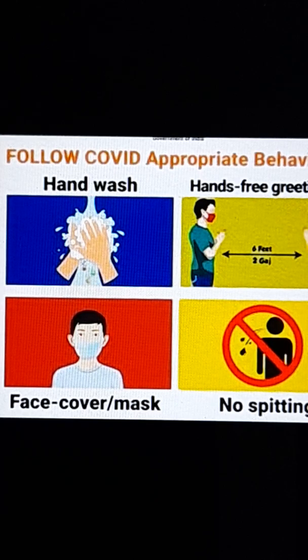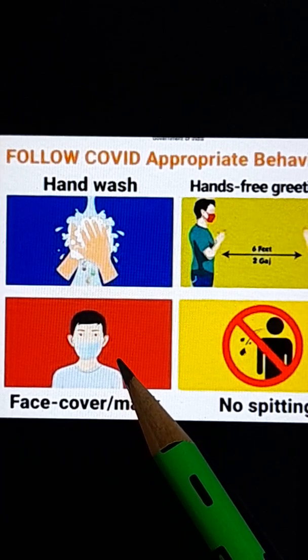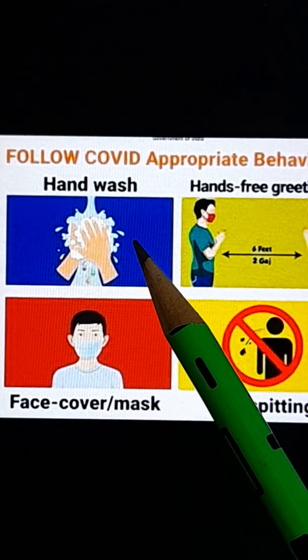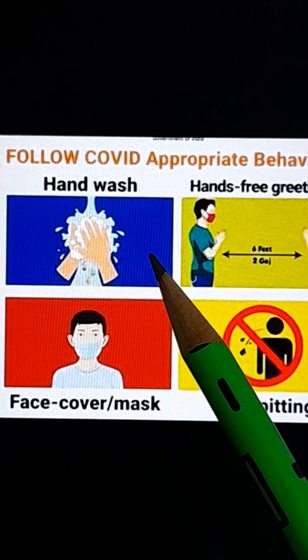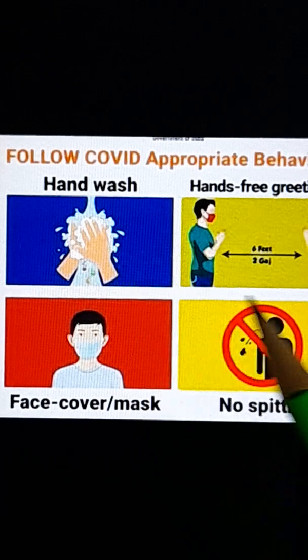Before starting our topic, I would like to tell you some COVID-19 appropriate behavior which you have to follow every day. You have to wear a mask properly, wash your hands frequently for at least 20 seconds with soap and water.